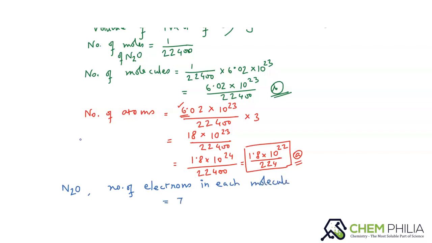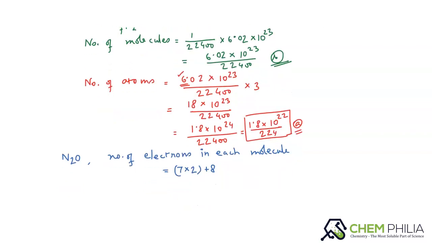See, nitrogen's atomic number is 7, so 7 multiplied by 2, plus the atomic number of oxygen, which is 8, that is 22 electrons in each molecule. Therefore the total number of electrons is equal to 22 multiplied by the number of molecules.